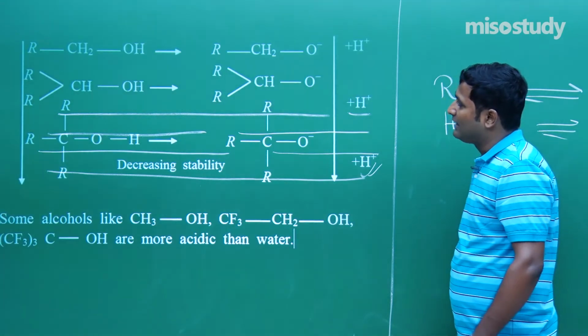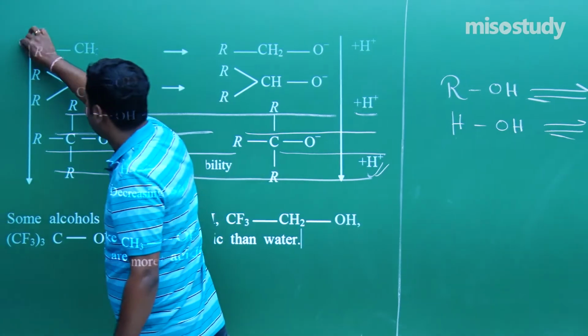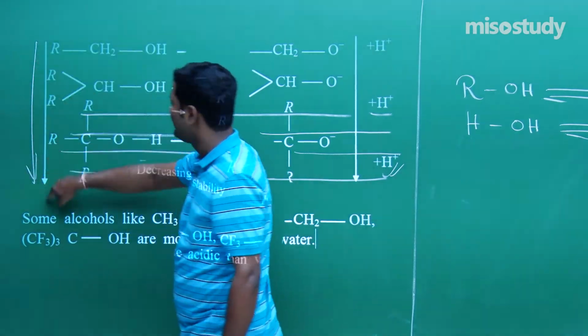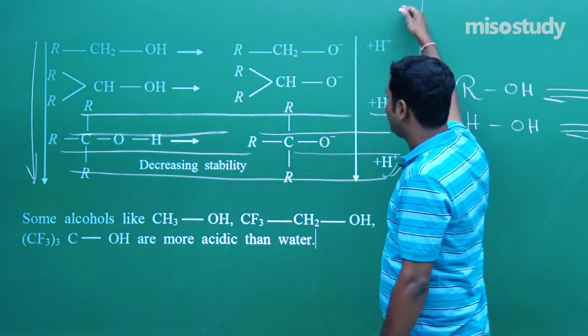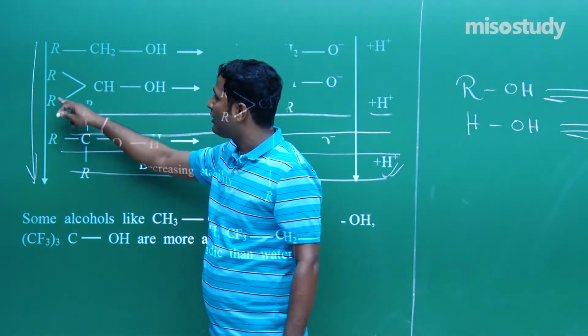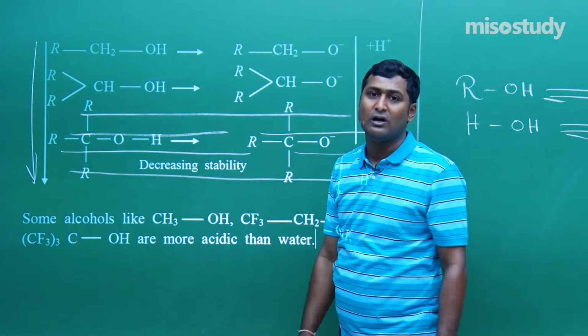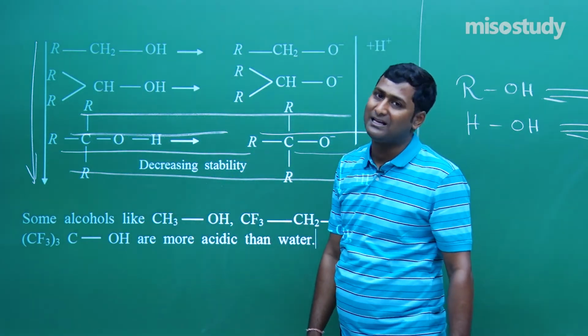Now look at this order. This is the decreasing stability and this is the decreasing acidic nature. This is the decreasing acidic nature and this is the decreasing stability. Now look at, as the number of alkyl groups increases, the acidic nature decreases because there is an increase in plus I effect.